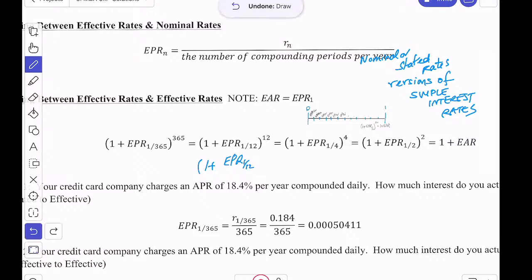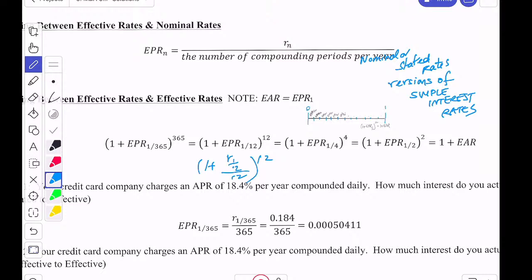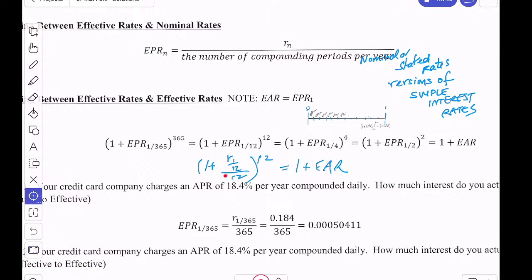Sorry, I did that wrong. So you get the stated rate as a monthly stated rate, and then you divide by 12 to get the effective monthly rate. And then compounding 12 of those becomes an effective annual rate. So I also saw you do things like this to make conversions. That is combining this formula up here and this formula down here.